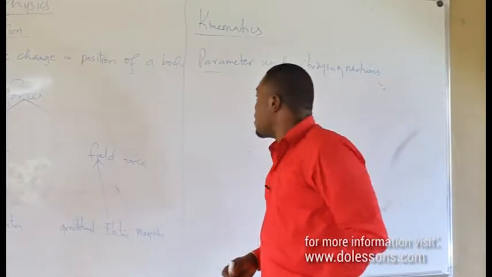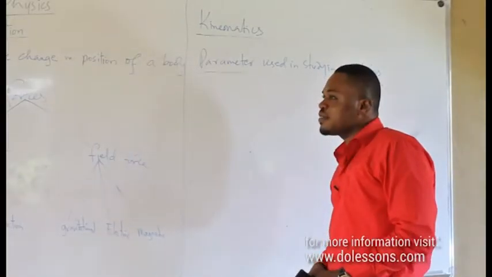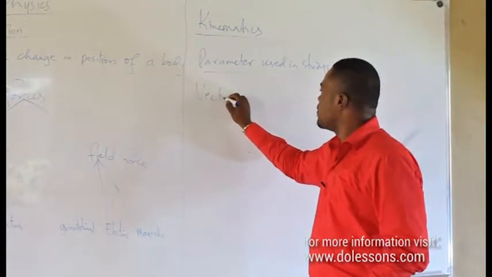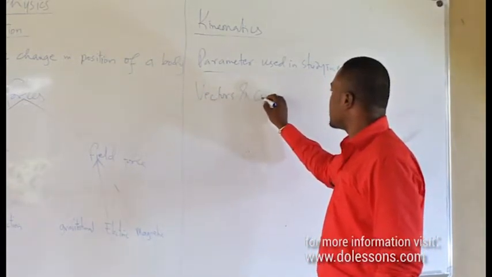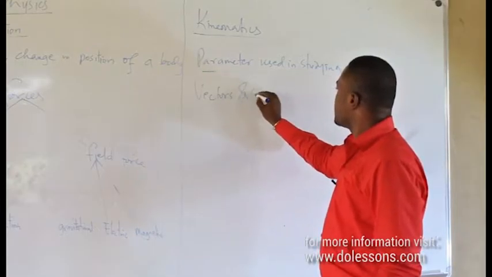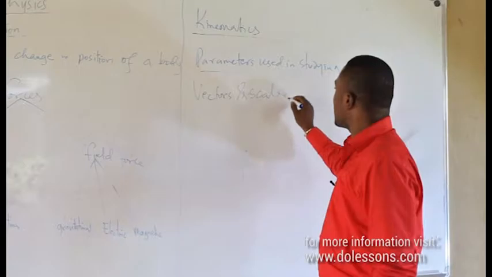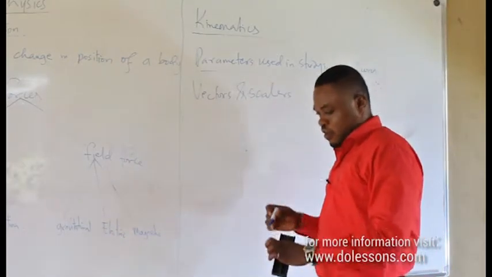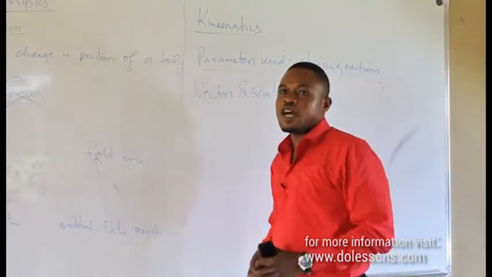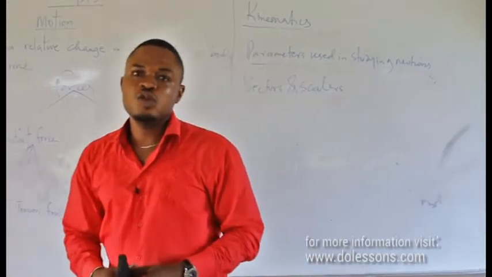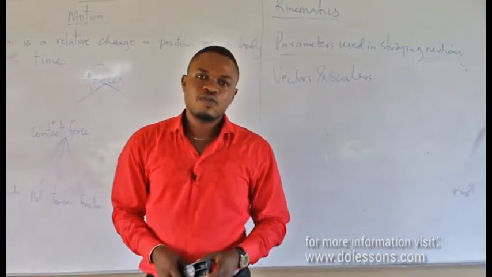We cannot talk about motion without recapping what we mean by vectors and scalars. Vector quantities are those physical quantities with magnitude and direction.